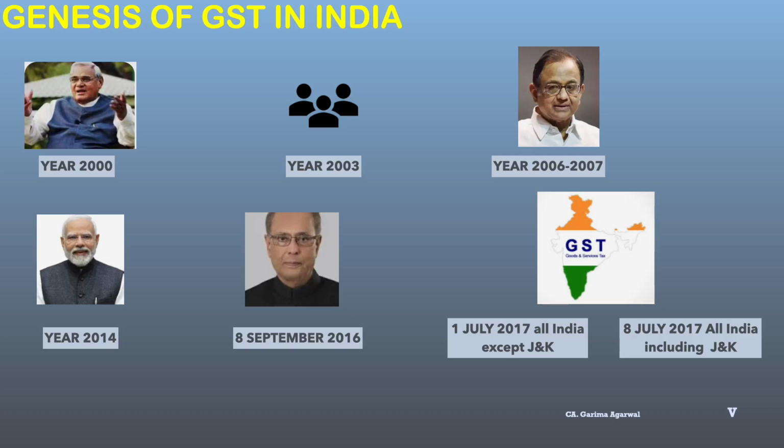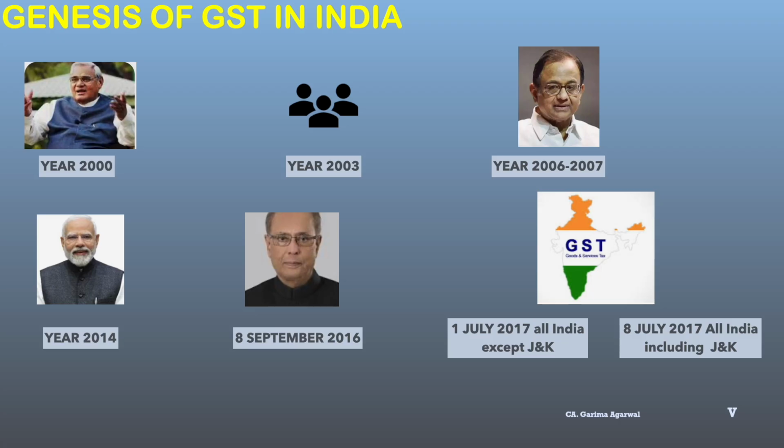In the following year, on 27 March 2017, the central GST legislation such as the Central Goods and Service Tax Bill, Integrated Goods and Service Tax Bill, Union Territory Goods and Service Tax Bill, and Goods and Service Tax Compensation to States Bill were introduced in the Lok Sabha. The Lok Sabha passed these bills and the President's assent was received on 12th April 2017. The bills were enacted.